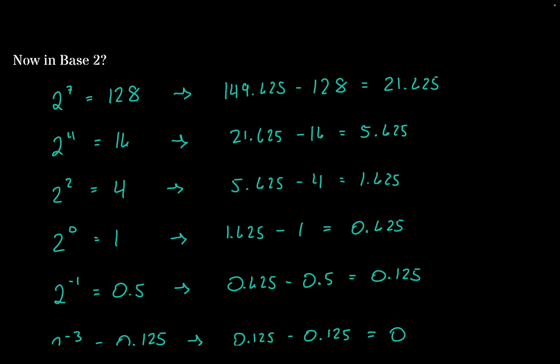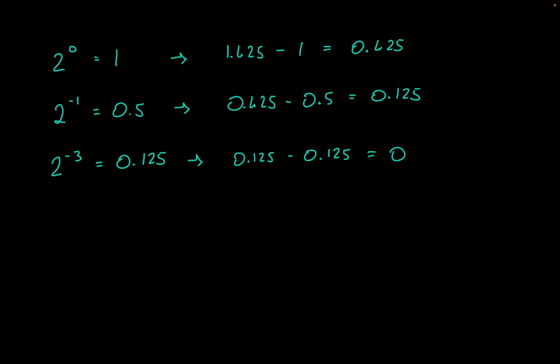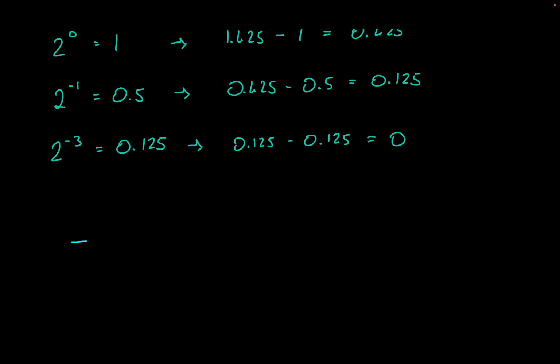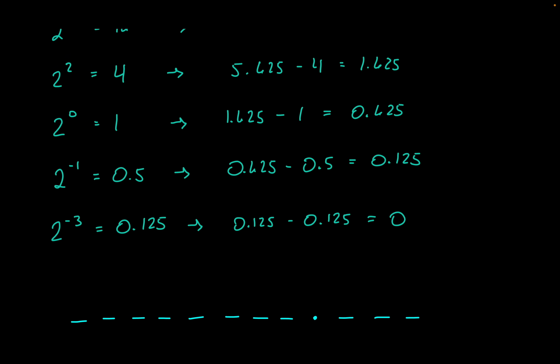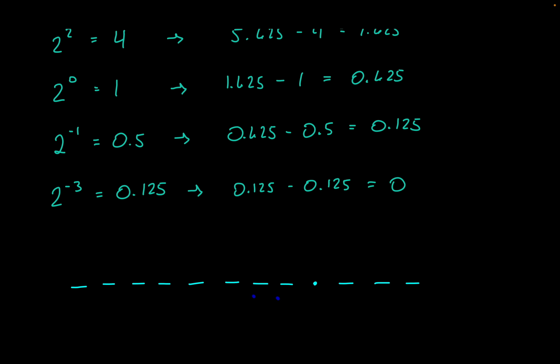So now you might be asking, okay, that's great. Now what do we do? So let me tediously draw out 8 dashes here with a decimal point followed by 3 more dashes. Now we're using all of the exponents that we formulated above: our 7, our 4, our 2, our 0, our negative 1 and our negative 3. What we're doing with those is placing a 1 in the corresponding spot to build out our binary number.